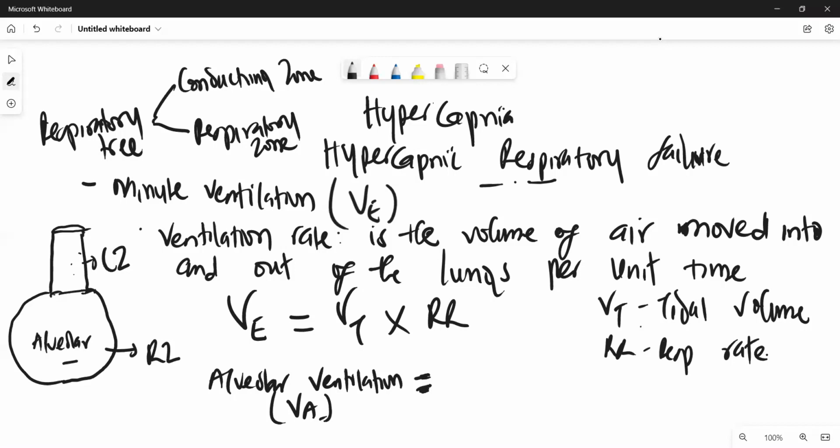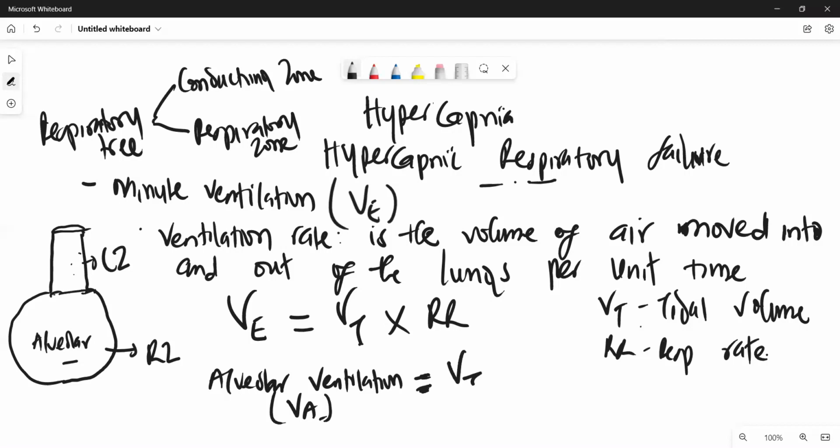And out of all the tidal volume, not all of it is going to be involved in gas exchange, right? The dead space is not involved in gas exchange, so we have to remove that from this tidal volume.